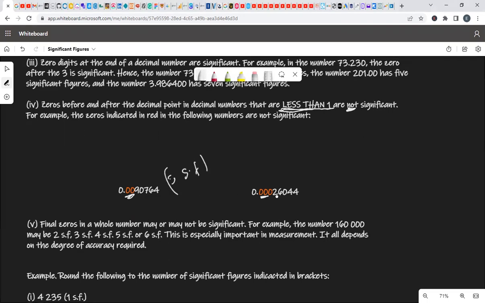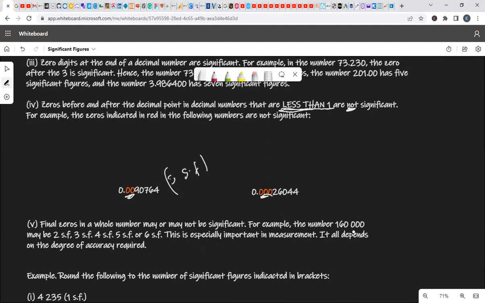What about this? These zeros are not significant. This is not significant. However, this one is significant. So this number has how many significant figures? 1, 2, 3, 4, 5. Also 5. So lastly, final zeros in a whole number may or may not be significant. It depends on the degree of accuracy required.